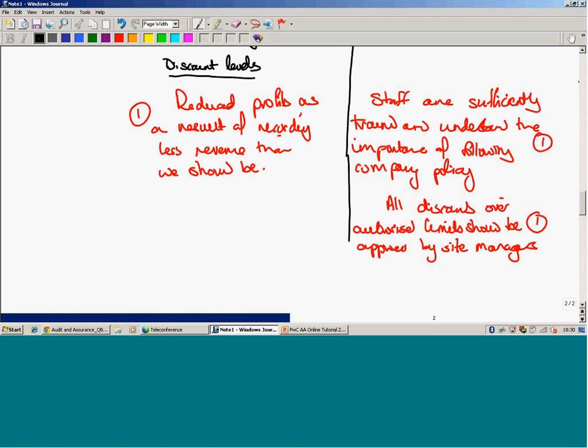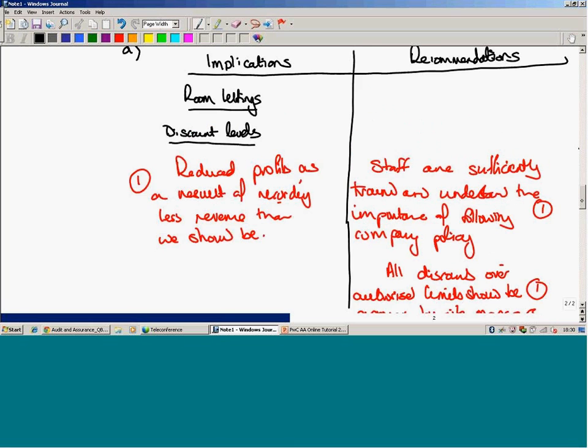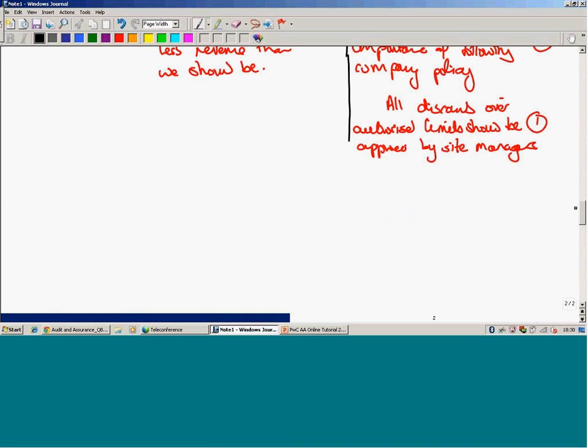There's more marks available than you can get as a maximum. For example, in the planning question, there's a few questions where it's a 25-mark question and there's 70-odd marks available. So get every single point in the marking scheme when it comes to doing these questions. We'll have a think about all the different bits as we go down. So that's my implications and recommendations in respect of discount levels.